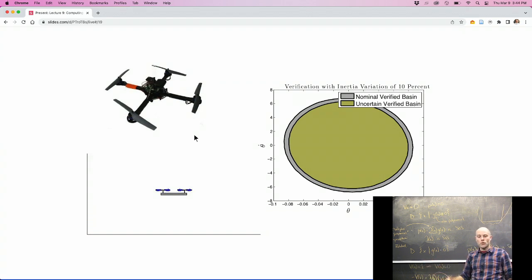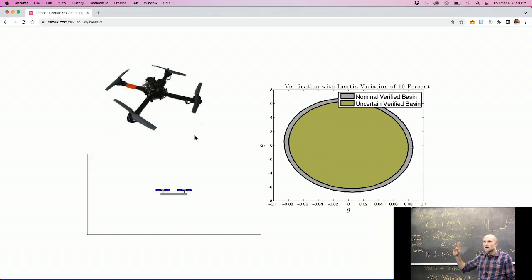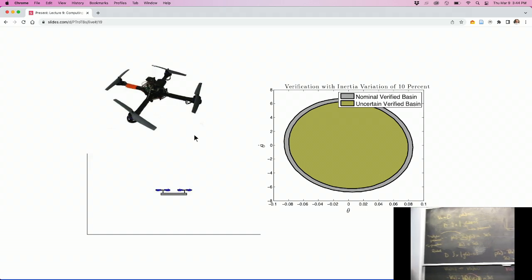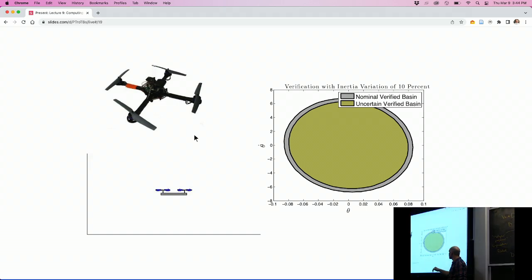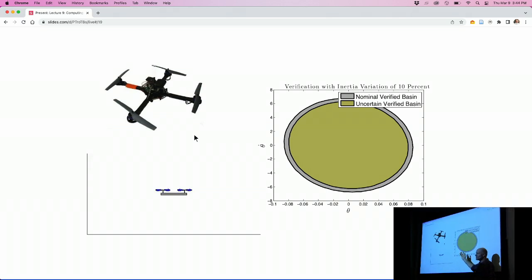For the quadrotor, this is in 6 variables. Sorry, it's more; we can do the 3D quadrotor fine too. This is a slice through the true region of attraction, because that's a 6-dimensional object, the sublevel sets.